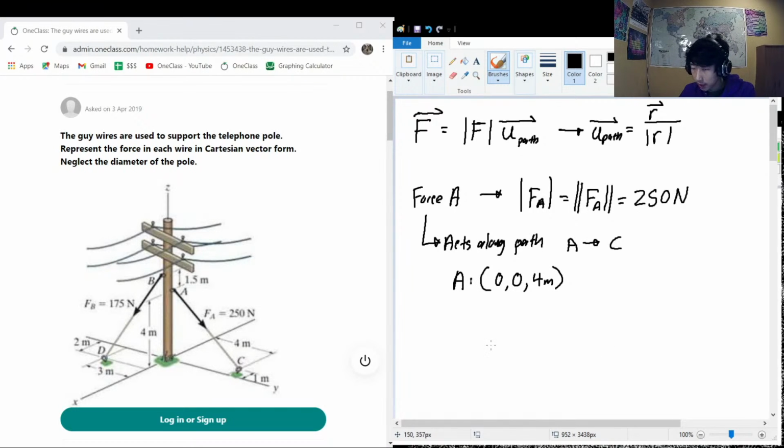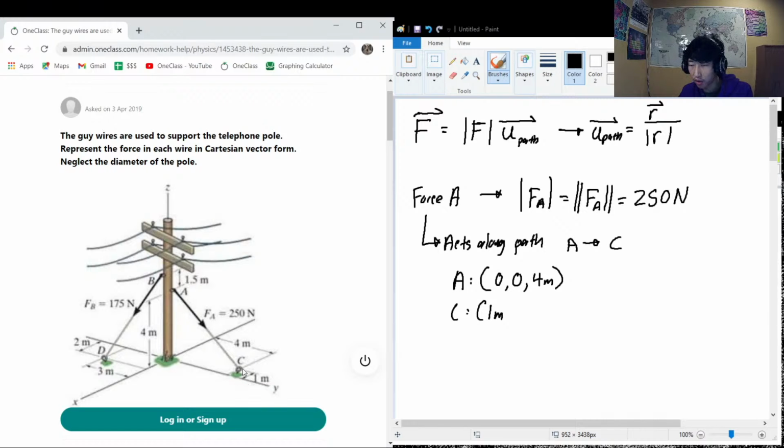Okay, now the point C, it has a 0 x component. It does have a y component though, and that y component is, oh my bad, it does have an x component. It has an x component of 1 meter. You see right here, hopefully you can see my mouse, 1 meter right there, towards the bottom right here.